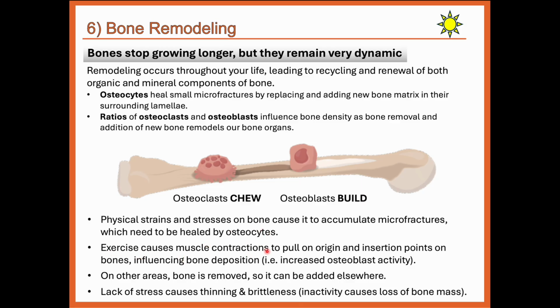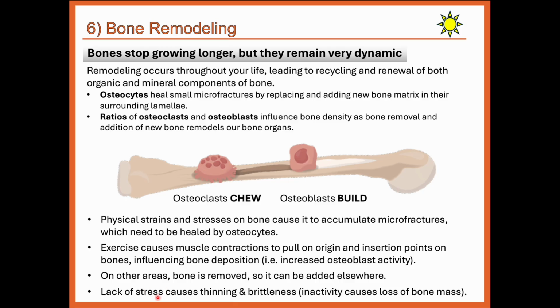Exercise causes muscle contractions to pull on the origins and insertions of bones, influencing bone deposition. So this increases osteoblast activity to fix up the little microfracture. And on other areas, bone is removed, so it could be added elsewhere.